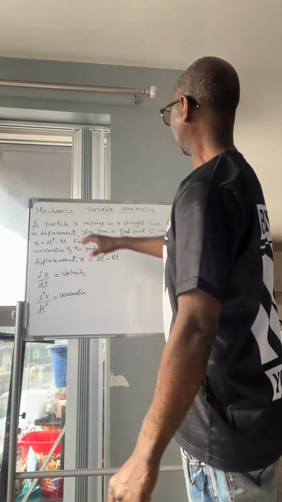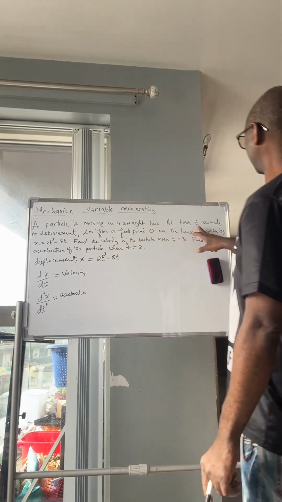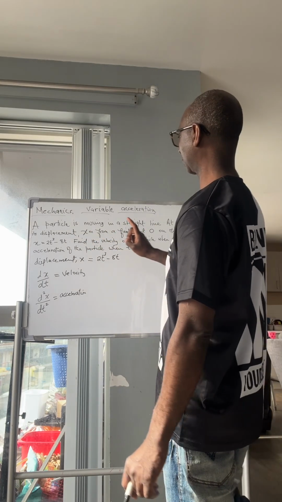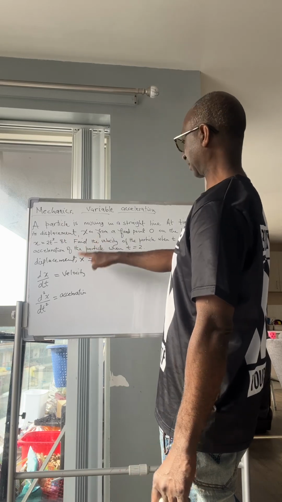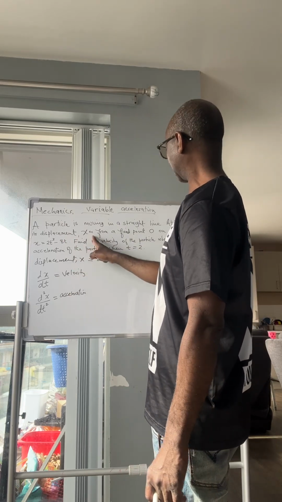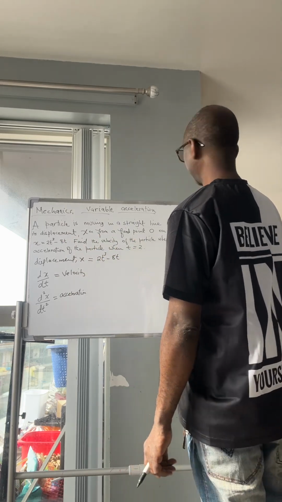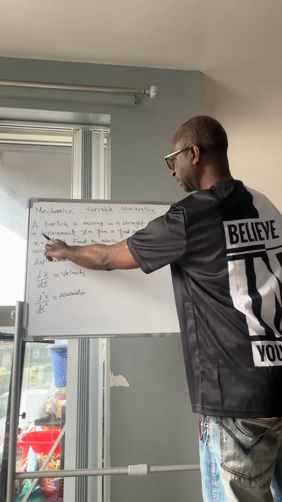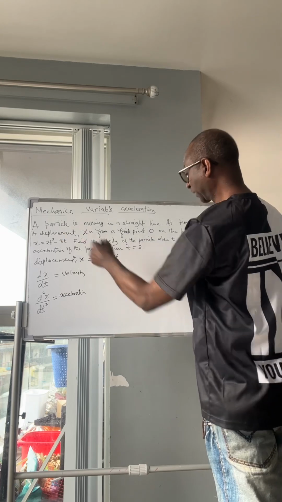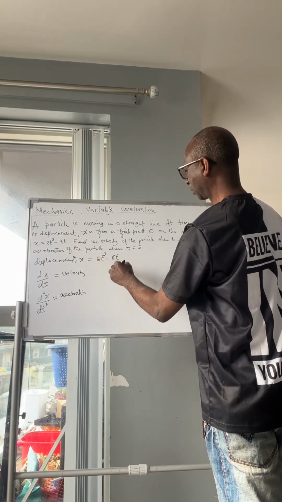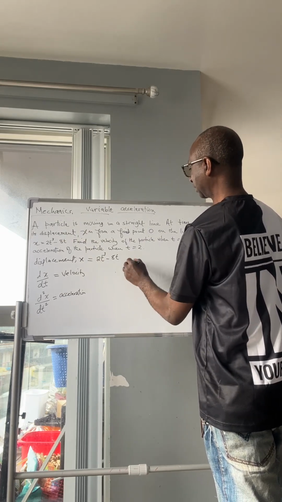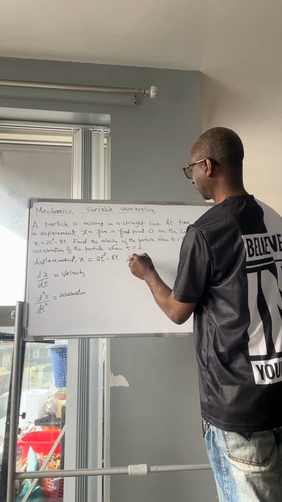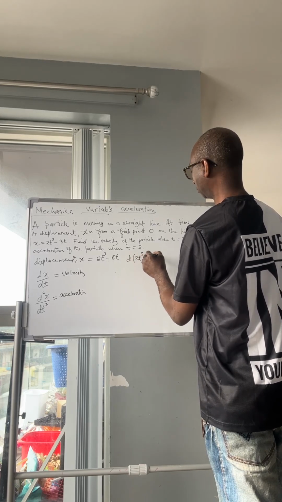Now, the question says a particle is moving in a straight line at time t seconds. Its displacement, x meters from a fixed point O on the line, is given by this function. Find the velocity. So now, the displacement here, we want to differentiate this function, 2t cubed minus 8t.